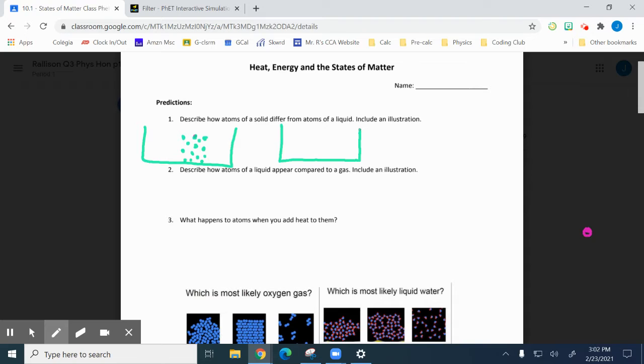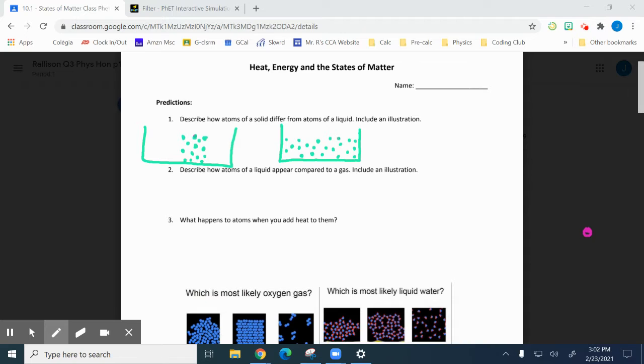You add a little more energy, they begin to vibrate a little more, and they start sliding around each other. They're still cohesive, still bonded to each other, but they're able to slide around each other, and that's a liquid.